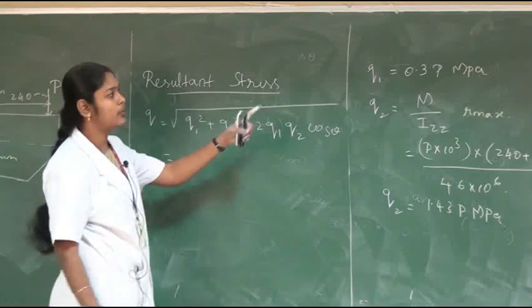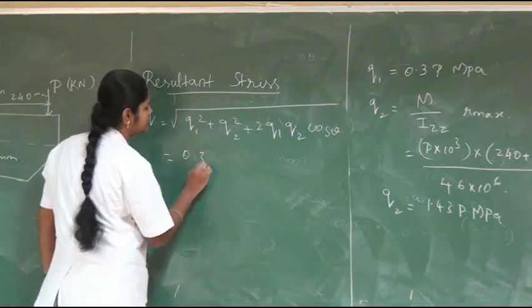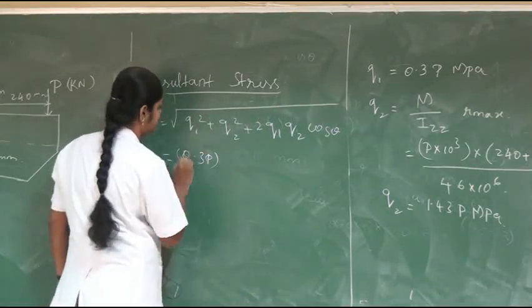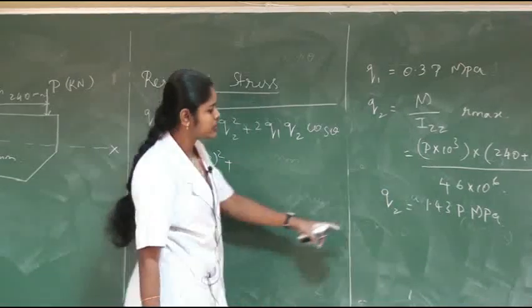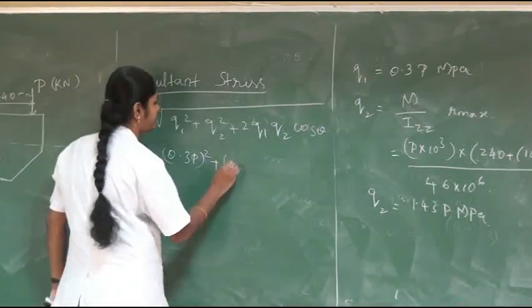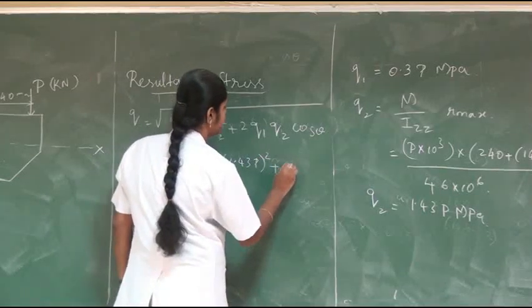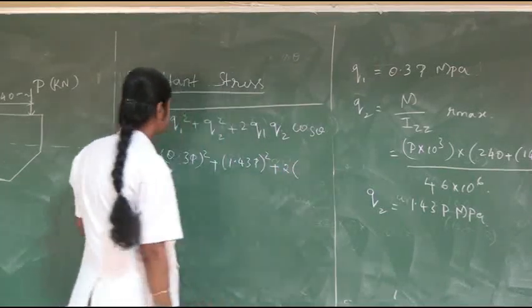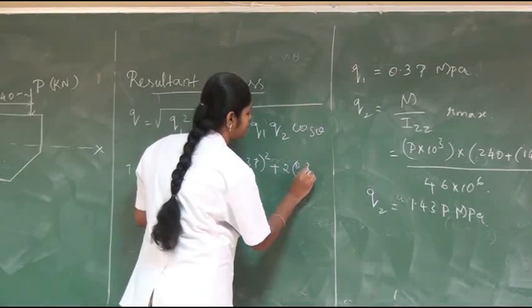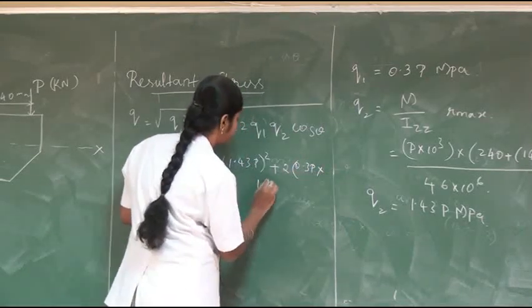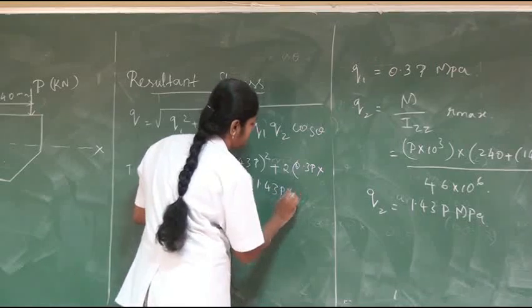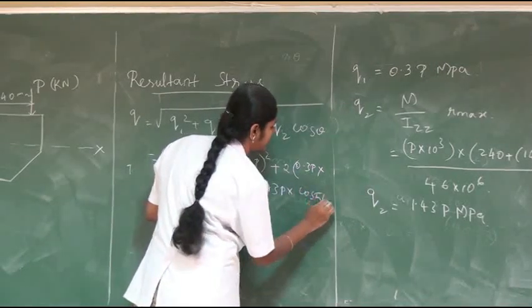You know the answer for Q1, that is (0.3 P) whole squared, plus Q2 is (1.43 P) whole squared, plus 2 into Q1 is 0.3 P into 1.43 P into cos 56 degrees.